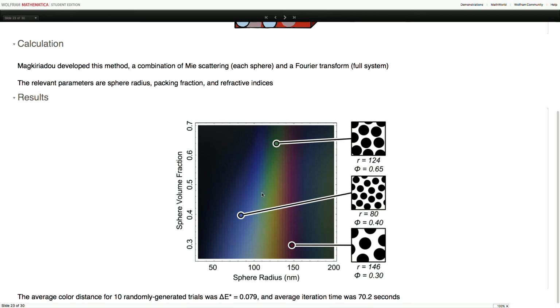Even if you extended this search space, sphere radius 500. Yeah, because you can see on this edge here, it's already beginning to get gray, and on this edge, it's already black. So you're really confined to that visible wavelengths range of 100 to 1,000 about. I saw that this is really the only area I can find color. It does extend a little bit this way with the volume fraction, but that tapers off pretty fast too.